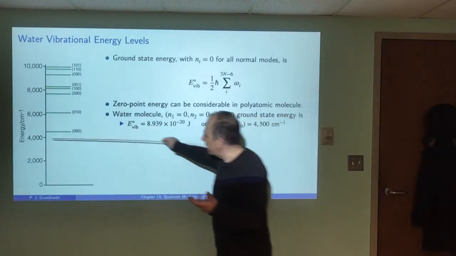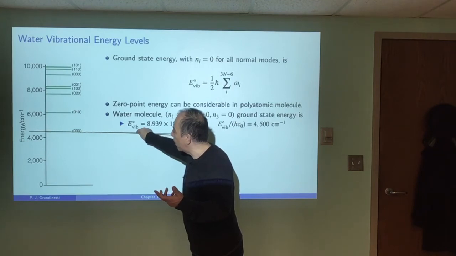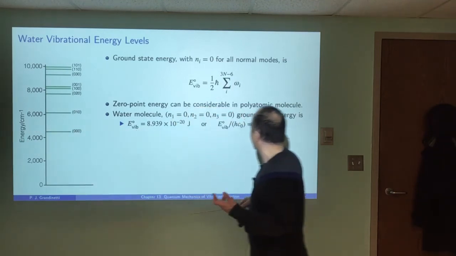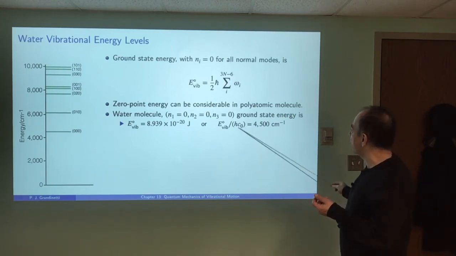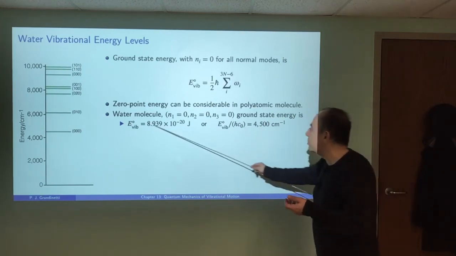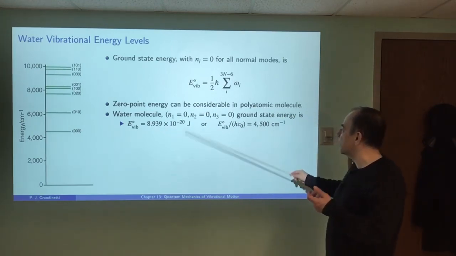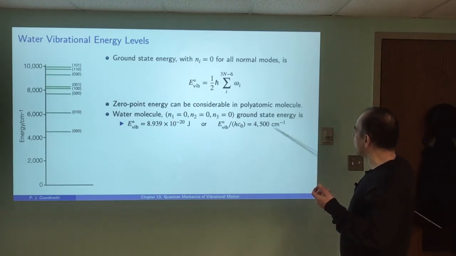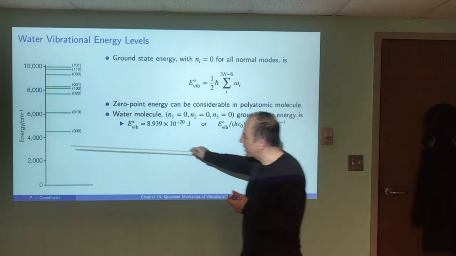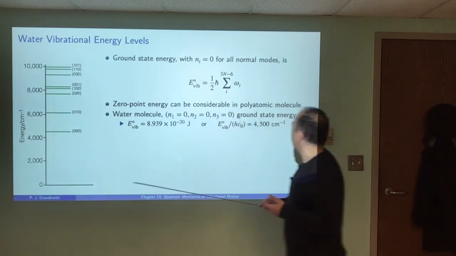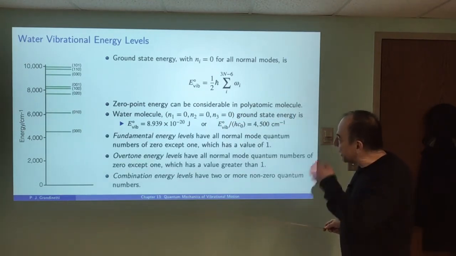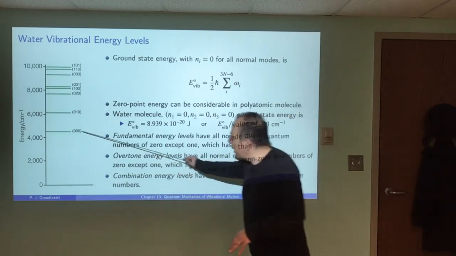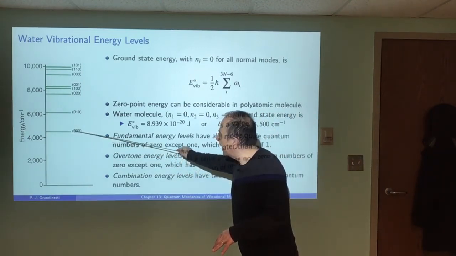So the ground state with N1, N2, and N3 all equal to 0 shows up right about there. And that has an energy of about 8.9 times 10 to the minus 20 joules, or in terms of wave numbers, we're looking at about 4,500 here for that one. And in this picture, this is the ground state.